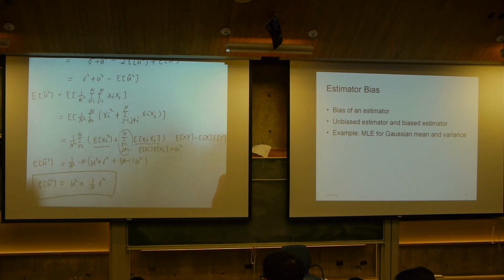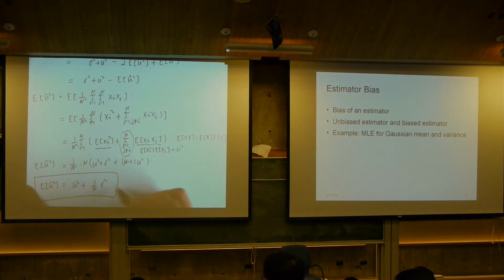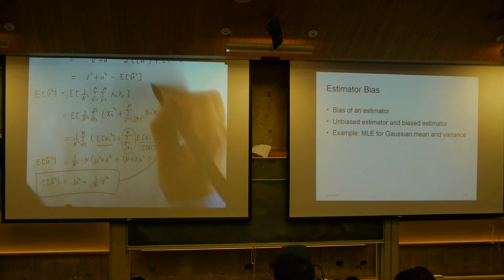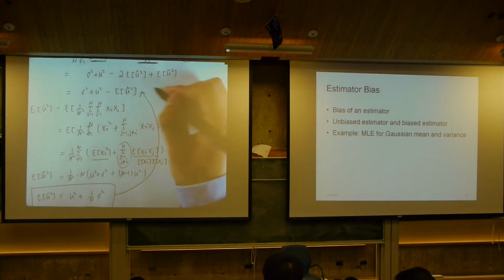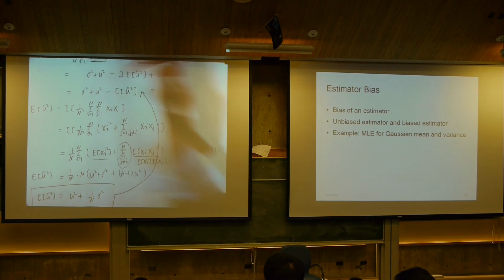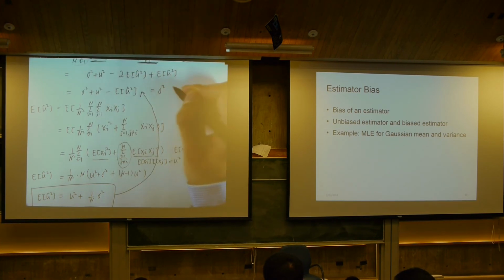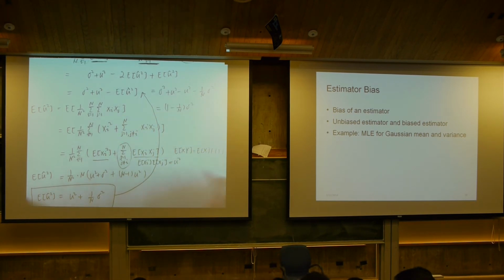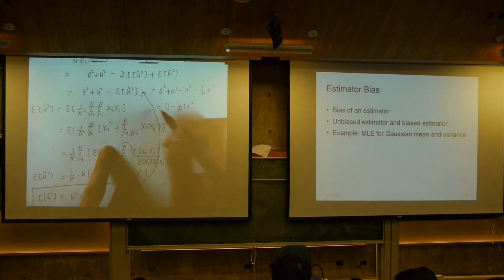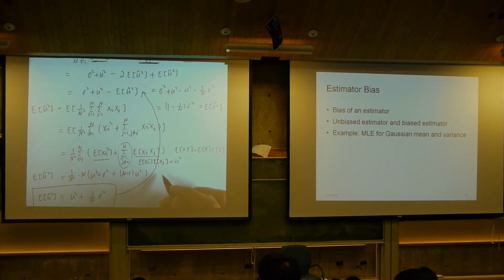Let's plug in this term into here, and we get sigma squared plus mu squared minus mu squared minus 1 over n sigma squared, which equals to 1 minus 1 over n times sigma squared. And remember, this is the definition of this quantity here.